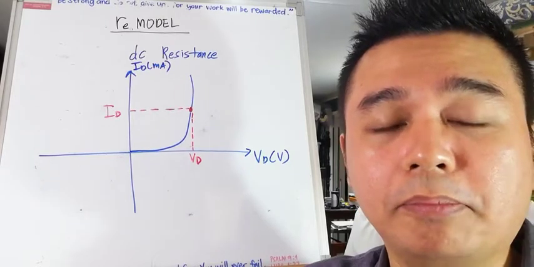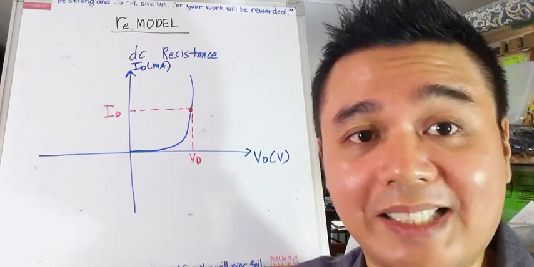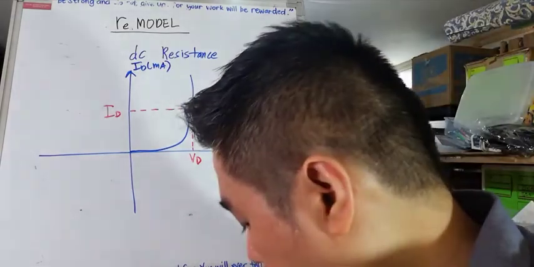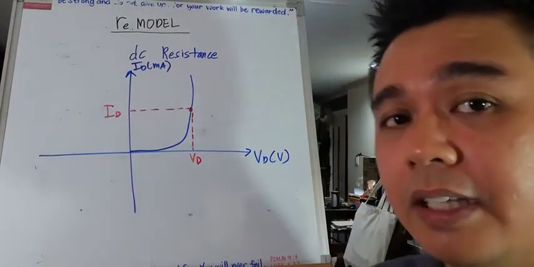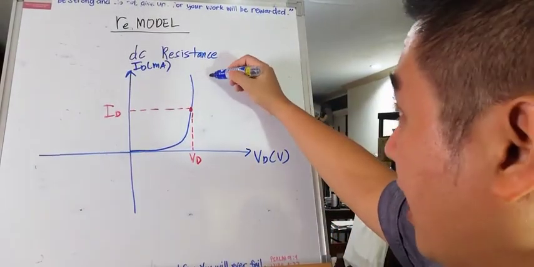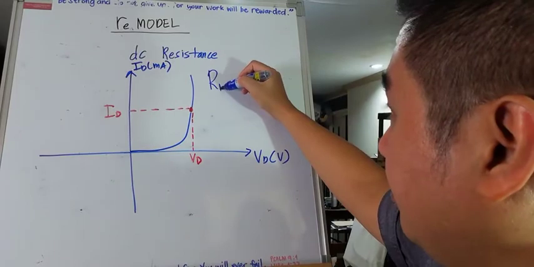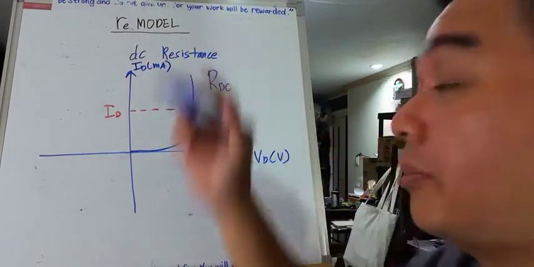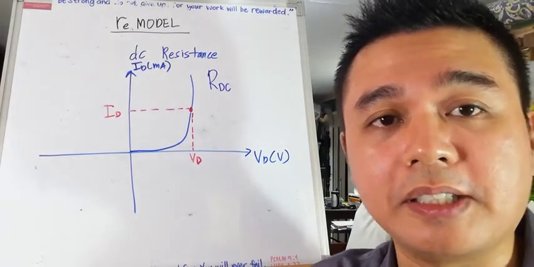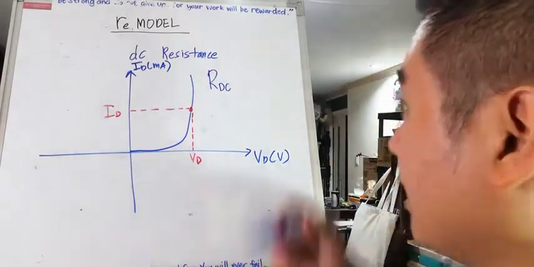But paano natin makakalculate yung resistance at that certain point? So madali lang yun, no? Ang resistance natin can be calculated using Ohm's law. Alright? We have R sub D C. This is the DC resistance, alright? Or the DC resistance of the diode.